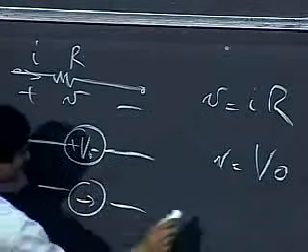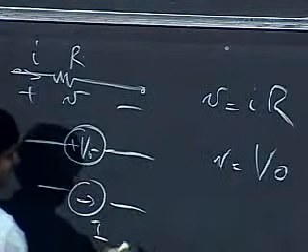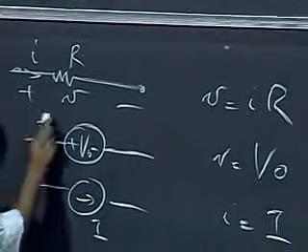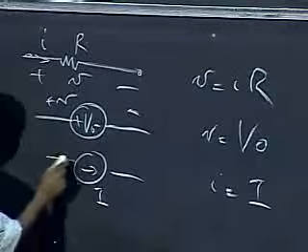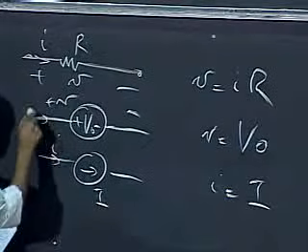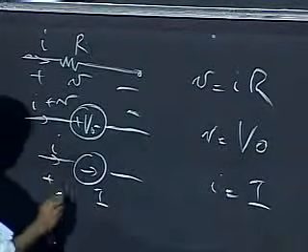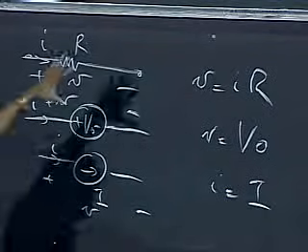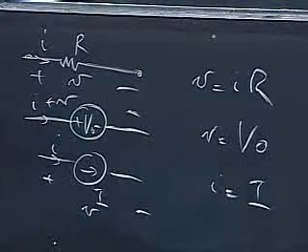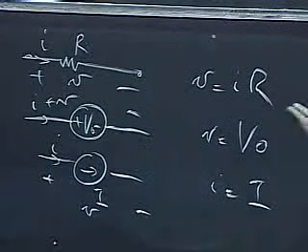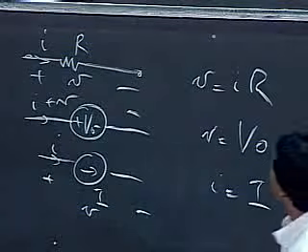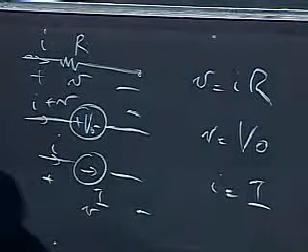And for a current source, the relation is I is simply the current flowing through the element. Okay, so these are some of the simple element rules for the devices: the current source, voltage source, and the resistor. So let's go ahead and solve a simple circuit.